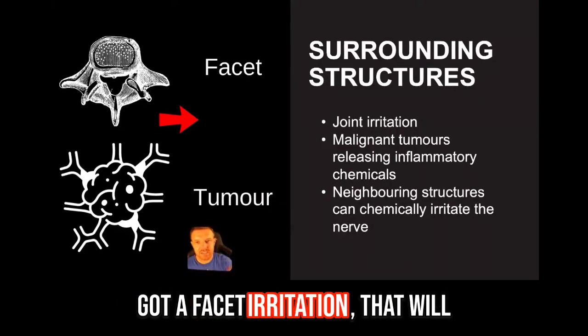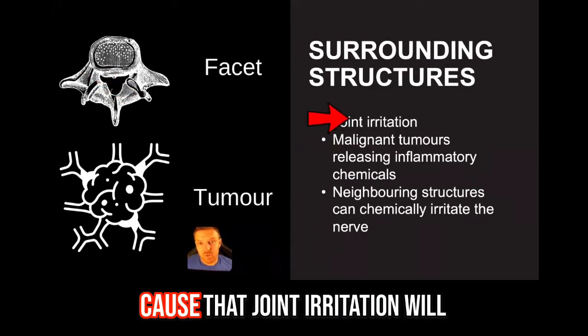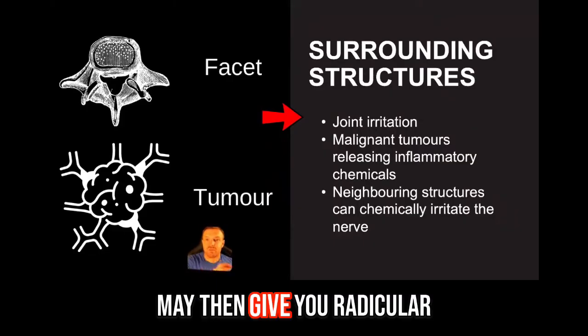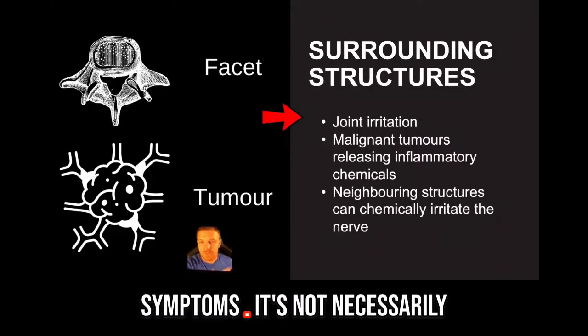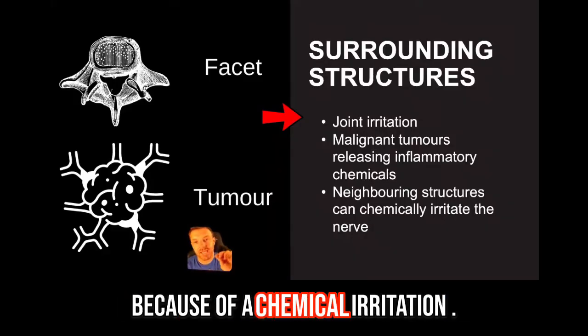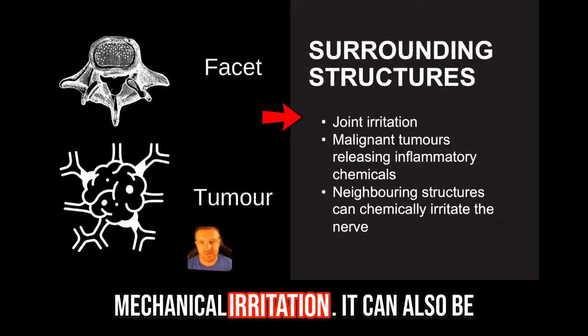That joint irritation will cause irritation to the nerve, which may then give you radicular symptoms. It's not necessarily because of a compression, it can be because of a chemical irritation. There's other reasons as well as mechanical irritation.